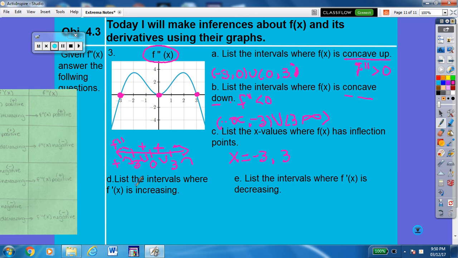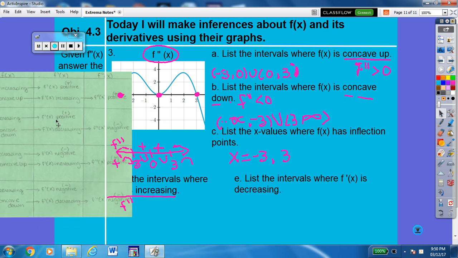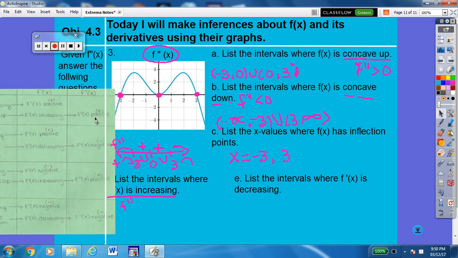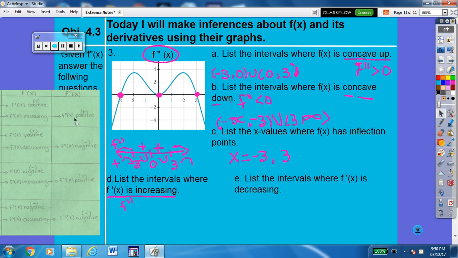All right, list the intervals where f prime of x is increasing. If f prime of x is increasing, what does that mean for the second derivative? Well, if f prime is increasing, and you can even check your chart, then that means the second derivative is positive.